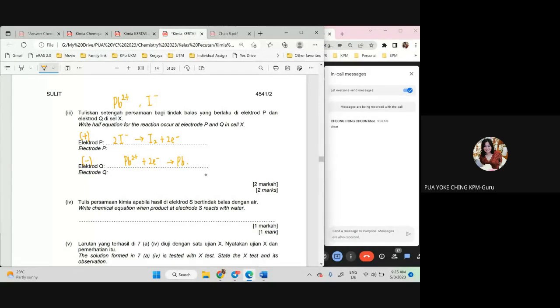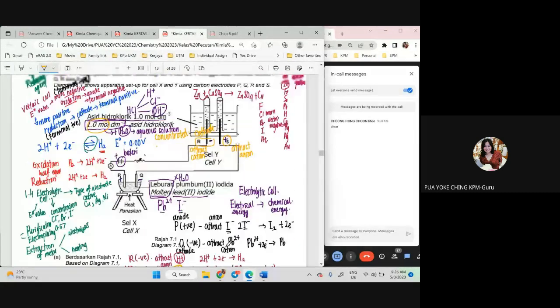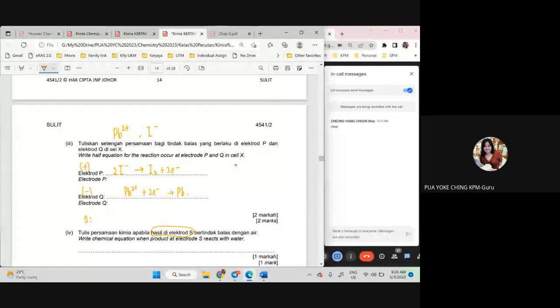Okay, so that's all. Next, number 4. Tulis persamaan kimia apabila hasil di elektrod S. So, you need to know what is in S dulu. So, S. Balik kepada sel Y. S adalah yang positif. S is your terminal positive, attract negative ion. So, negative ion yang ada ialah Cl minus dan OH minus. Tapi concentration of Cl minus is higher.